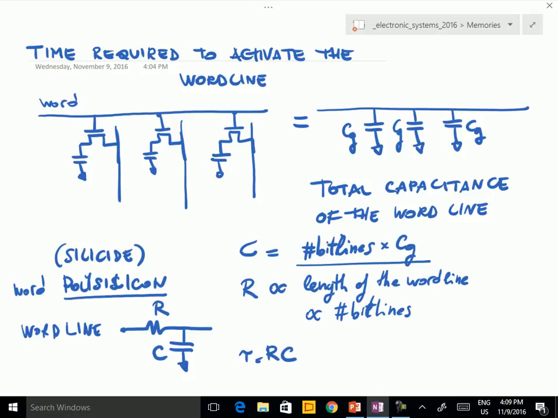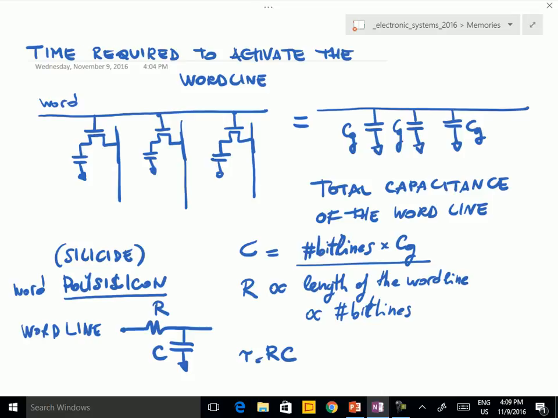But if I just want to keep the discussion at a very qualitative level, the read time is limited by tau, and tau is limited by the length of the word line. Okay? So there are two reasons not to have the word line too long. One is the power dissipated by the sense amplifiers, and the other one is the time required to activate the word line.